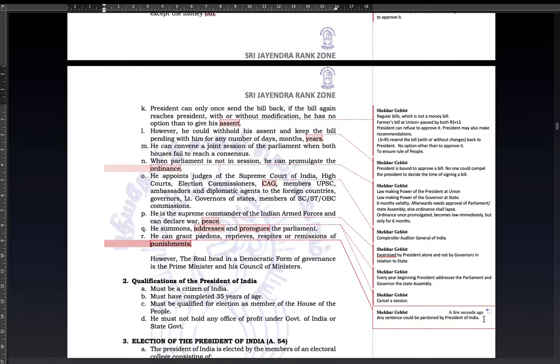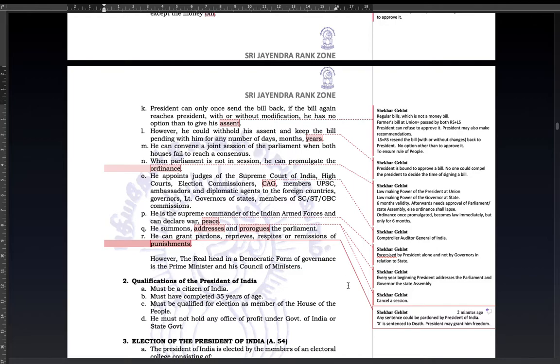Suppose X is sentenced to death. The President may grant him freedom. Okay, that is called pardon. When he grants absolute freedom, it is called pardon. Or he may provide remission, respite, or reprieve.